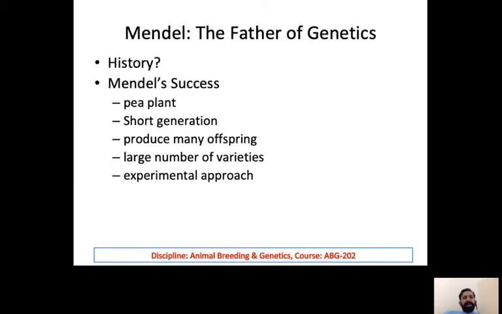They are easy to raise. They have short generations, so results could be achieved in a short span of time. He produced many offspring, and he had a large number of varieties. And then finally, the most important component of his success was the way he conducted the experiment, or his scientific approach to the subject.